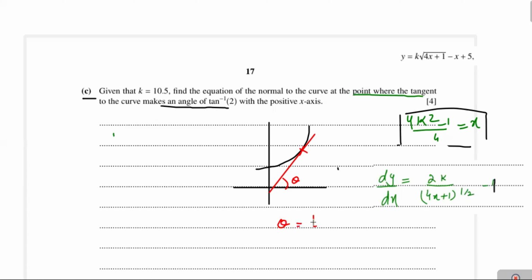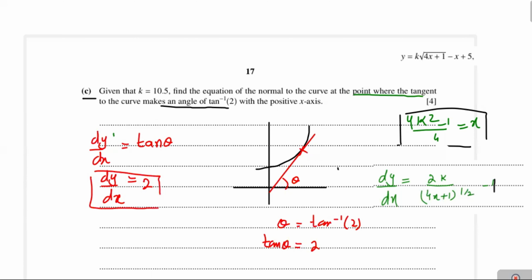Now theta equal to tan inverse 2. Now tan theta will be equal to 2. You know dy over dx will be equal to gradient of tangent, and gradient of tangent equal to tan theta, and therefore dy over dx equal to 2.